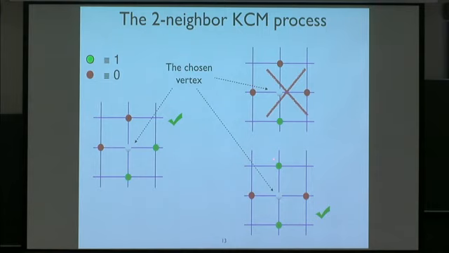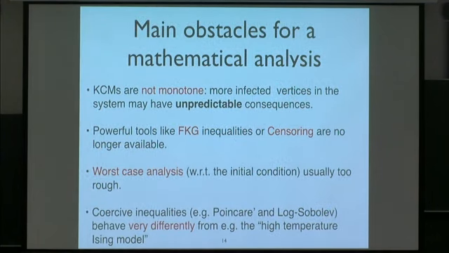So the main obstacle for mathematical analysis is that these processes are not monotone. If you inject more infected vertices in the system, the outcome is unpredictable, actually. So there are no FKG inequality or censoring available. If you try to do worst case analysis, for example, with respect to the initial condition, that's usually too rough, because if you put everything non-infected, nothing will move.